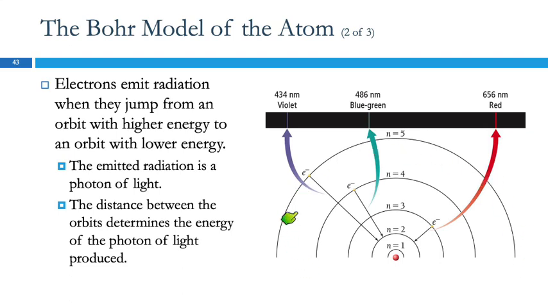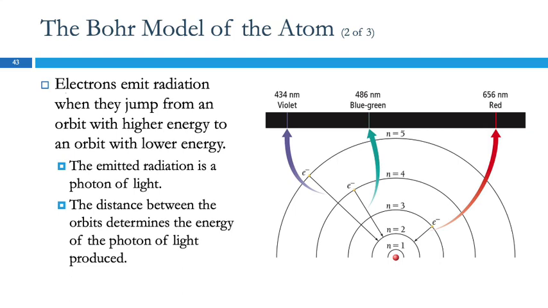So here's part of a diagram, you can imagine it just continuing around, of the Bohr model. So here we have the nucleus, like the sun, and then we have these different orbits that electrons can be in. We see this emission of electromagnetic radiation of light when an electron moves from a higher energy orbital to a lower energy orbital. Energy is conserved. If the electron loses energy, the energy has to go somewhere.